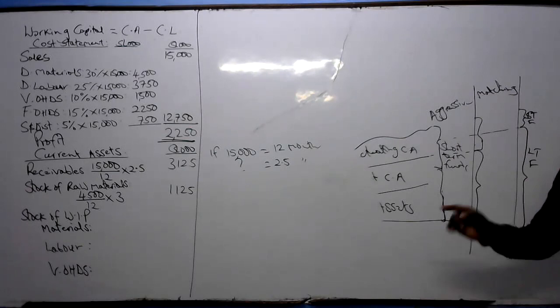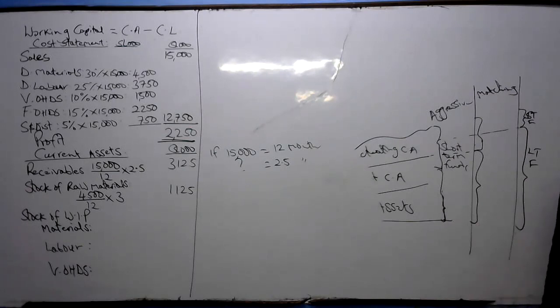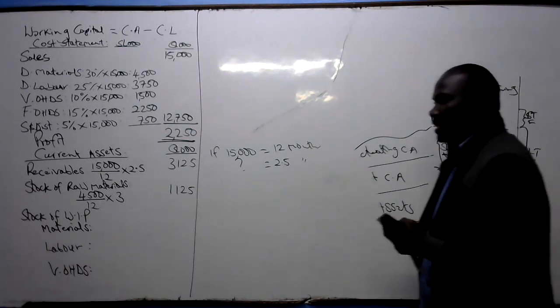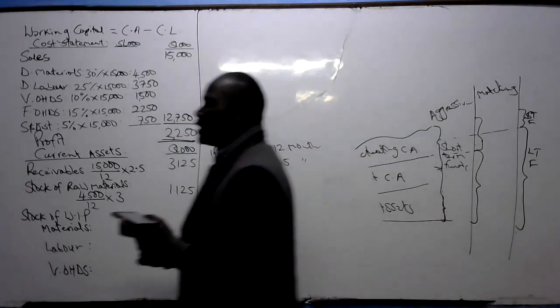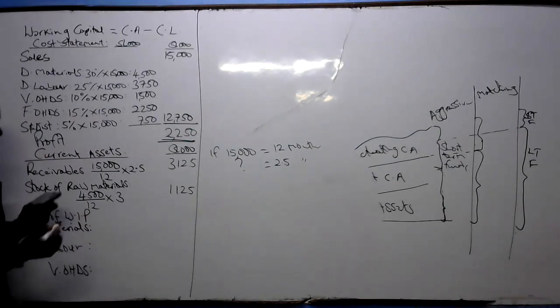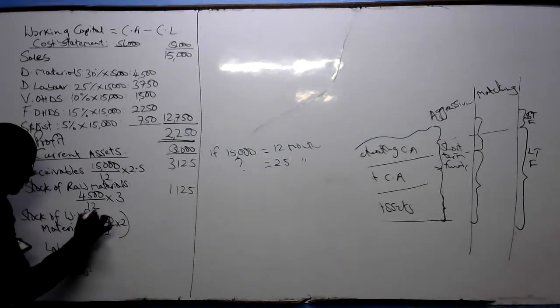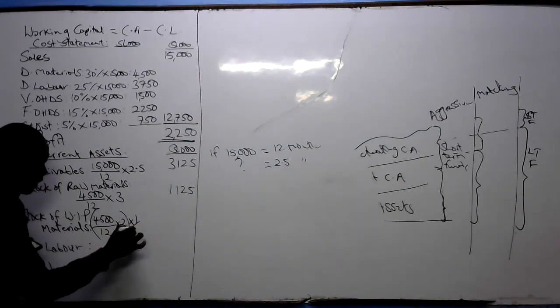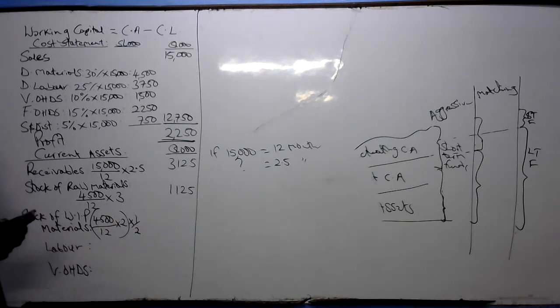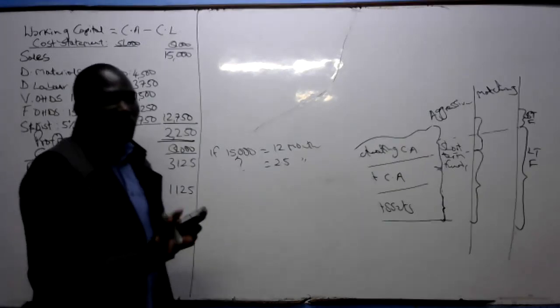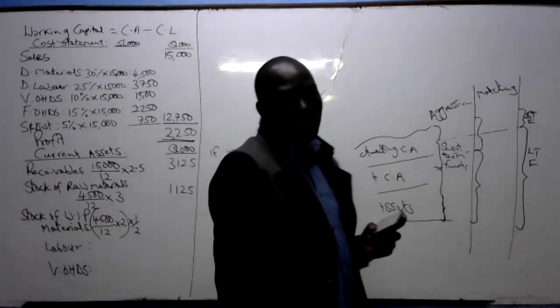Tuanze na materials. Can we get materials for 2 months? Materials for the whole year is 4,500. Divide by 12 times 2. Lakini wamesema out of that, work in progress is a half. 2 months worth of half processed goods.